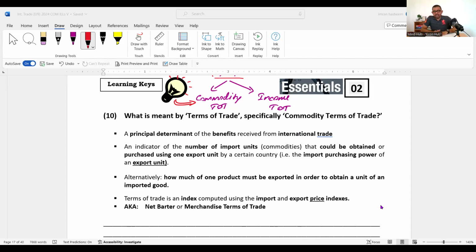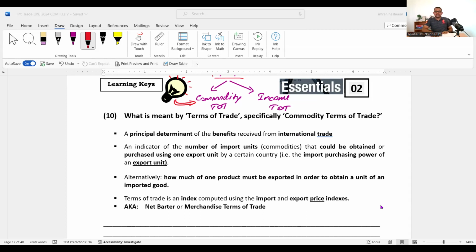As I was saying, how much or to what extent a country could benefit from engaging in international trade with its trading partner countries will be determined by the terms on which it engages in international trade, i.e. terms of trade.